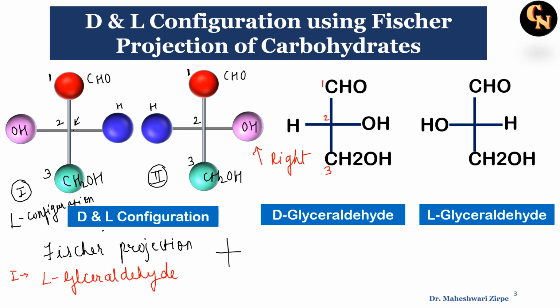Where on the second carbon OH is on the right hand side, it will be labeled as D, and where OH is on the left hand side, we label it as L. And L and D are isomers of each other, or we also call them enantiomers, because they are mirror images of each other but non-superimposable. So they will be known as enantiomers.